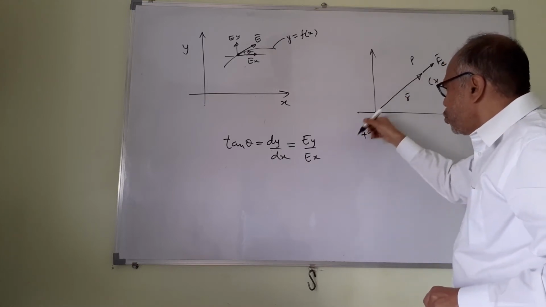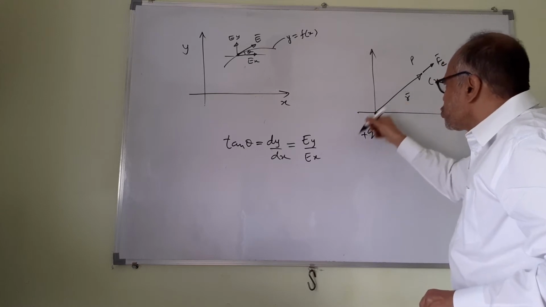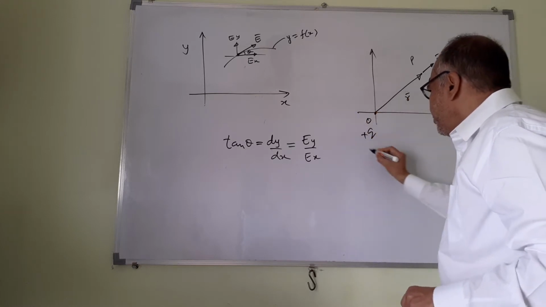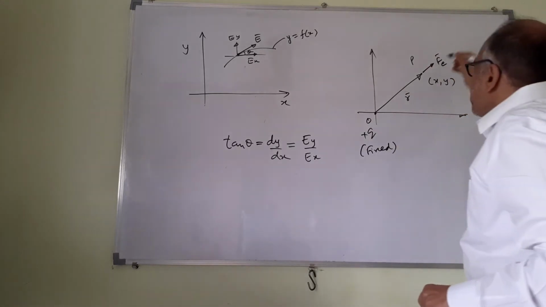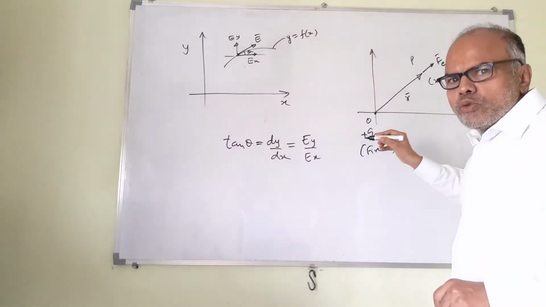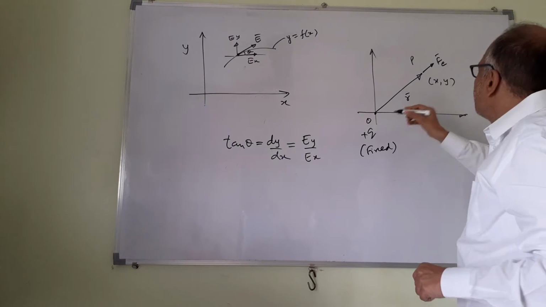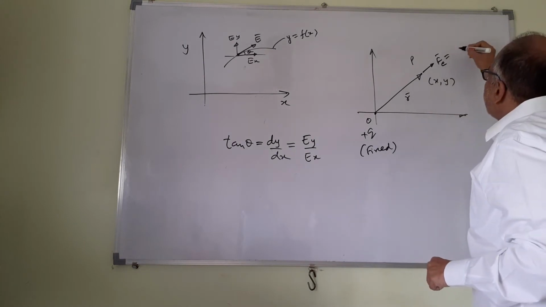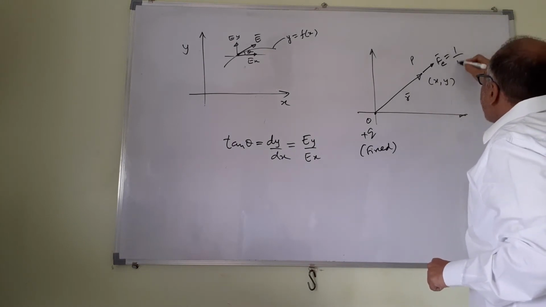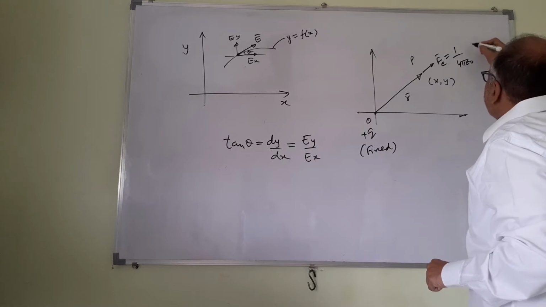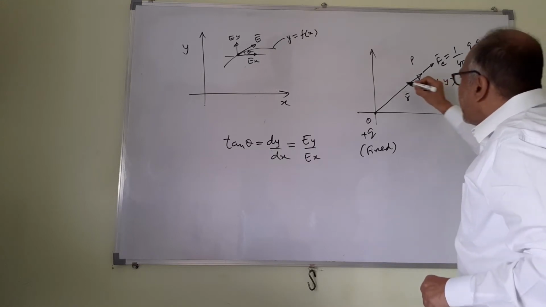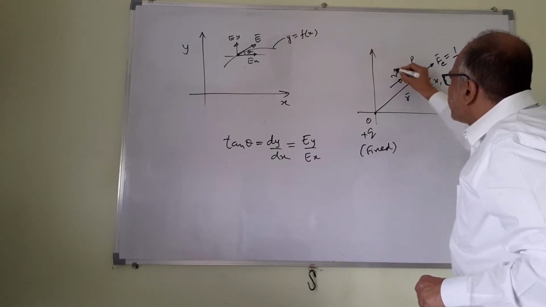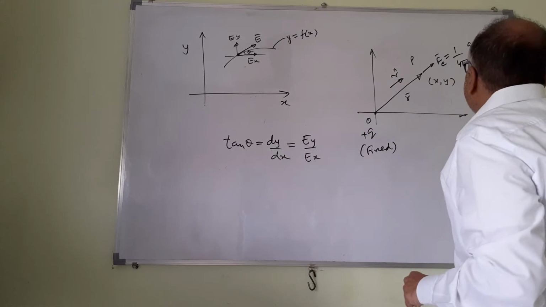There would be a force on plus q also. We have fixed it by applying an external force. So there would be a force along the line joining the 2 point charges by Coulomb's law, and that Fe would be 1 by 4 pi epsilon naught q naught by r squared into r cap, where r cap is the unit vector in the direction of r.